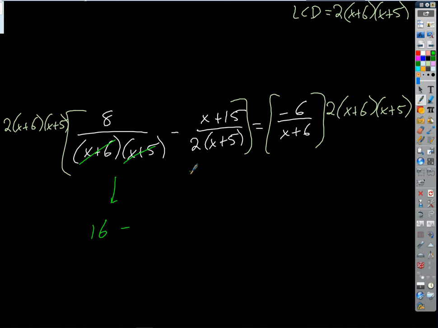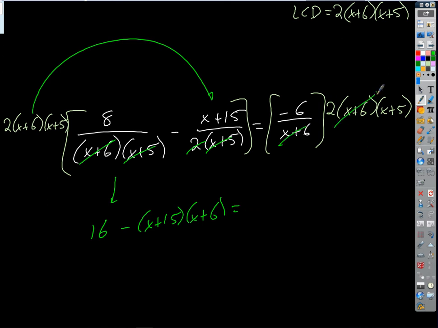Okay, so the 2 cancels, the x plus 5 cancels, leaving me with just an x plus 6, multiplied by the x plus 15 that's already there, right? And then over here, it looks like just the x plus 6 is canceled, and so I get a -6 times a 2 times an x plus 5.